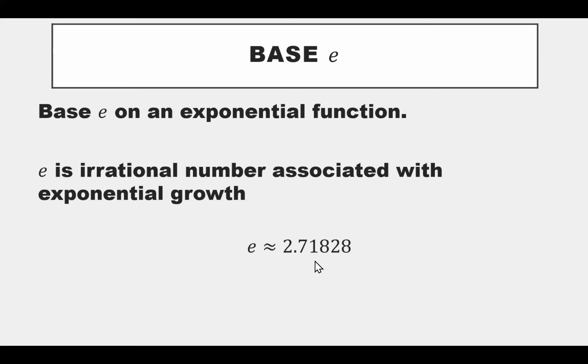So 2.71828, and so on and so forth. Again, it's a button on your calculator. And it's very much linked to a continual growth concept. So when we have a situation in real life with continual growth, we'll often see that e show up.